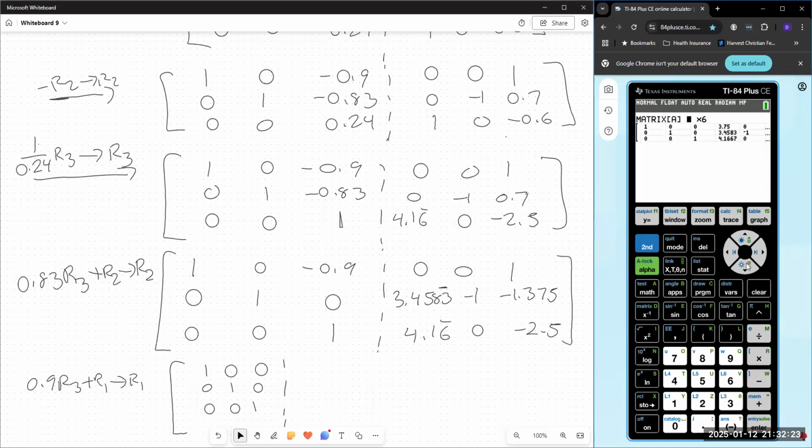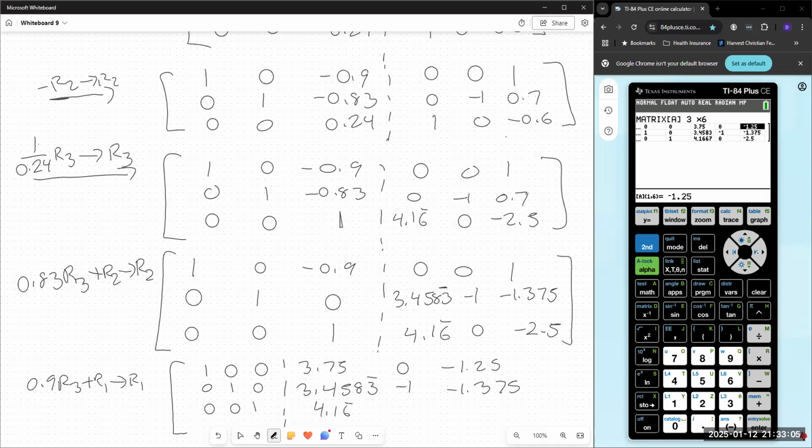Edit here. So this is going to be 3.75, 0, negative 1.25, 3.458, 3 repeating, -1, -1.375, 4.16 repeating, 0, -2.5.